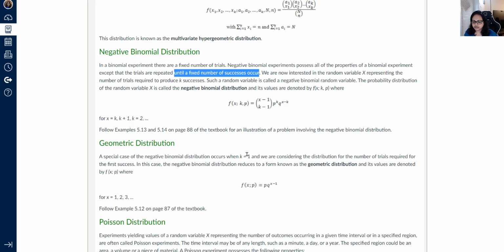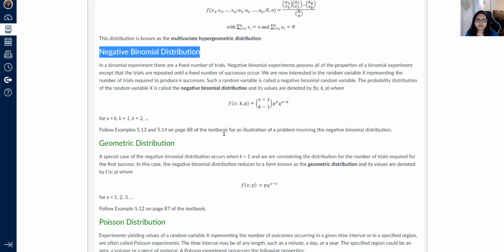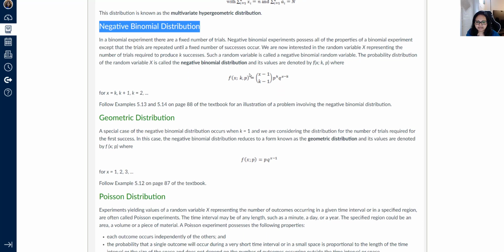Let's say I throw a coin, and until I get 5 heads, I will continue my experiment. Then you will see that it follows the negative binomial distribution. The parameters are similar; the only difference is that we are talking about getting a fixed number of successes.